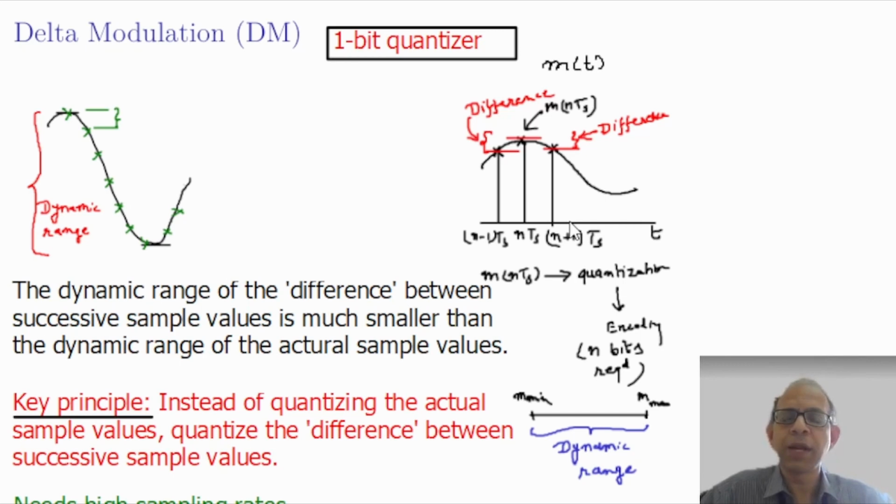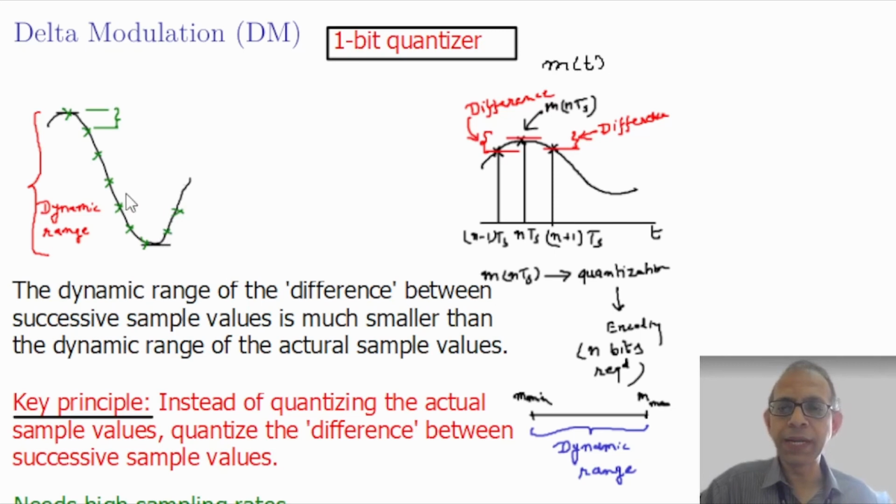It is nothing but a 1-bit quantizer in which instead of quantizing the actual sample value, we quantize the difference between successive sample values. Clearly, the dynamic range, that is the maximum difference between two successive sample values, is much smaller than the dynamic range of the entire signal, and therefore we can represent that using fewer bits.